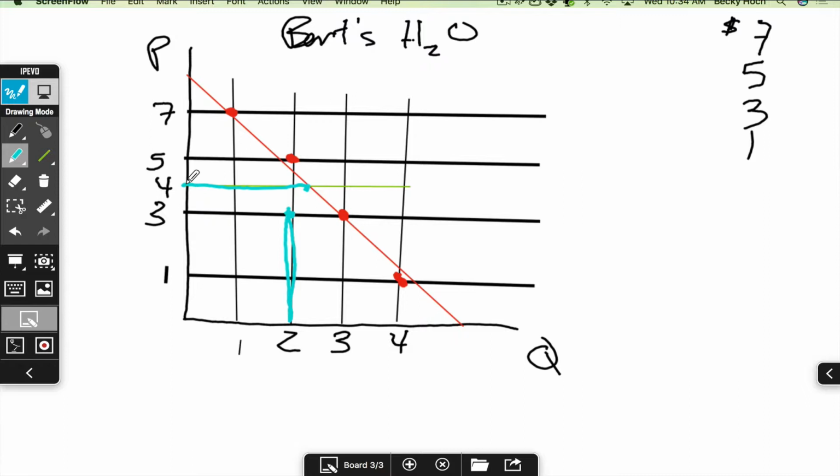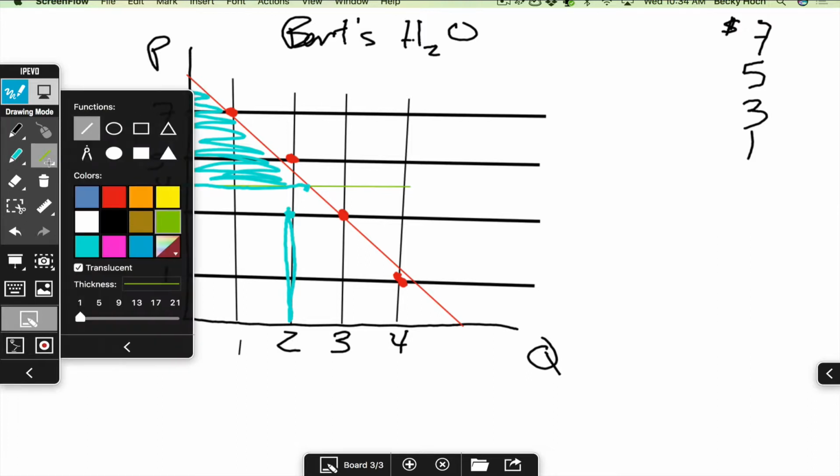So what's his consumer surplus? 4. Where's the triangle? Above. What's the top number? Do we have to account for that small rectangle too?